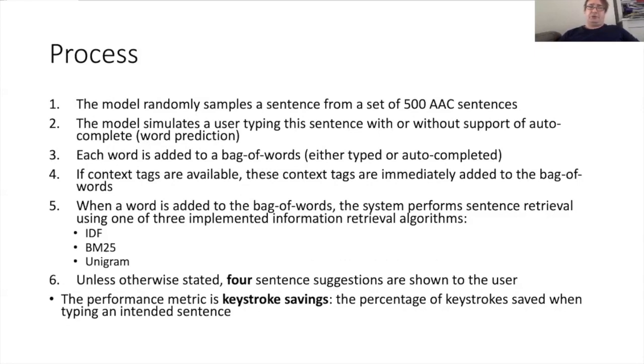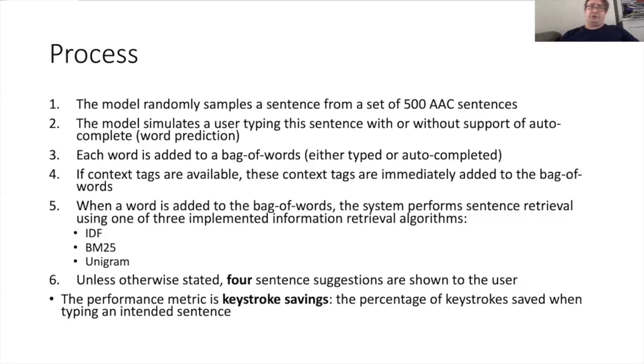In our approach, we construct a model. This model randomly samples a sentence from a set of 500 representative AAC sentences. The model simulates a user typing this sentence with or without support of autocomplete word prediction. Each word is added to a bag of words, either typed or auto-completed, depending on the analysis we are doing.